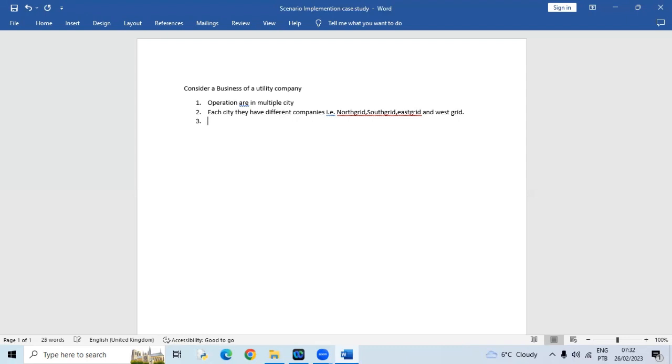Okay, and how big is the customer base? Let's consider the customer base is around the population of Kolkata, around 1,000 K. And how many types of customers?